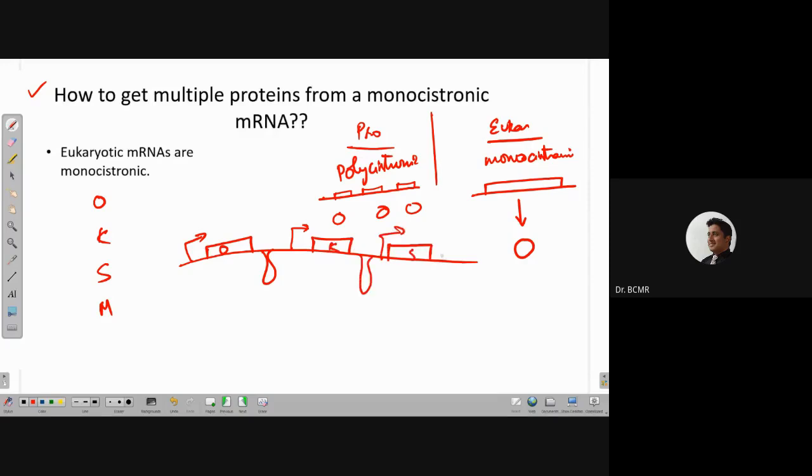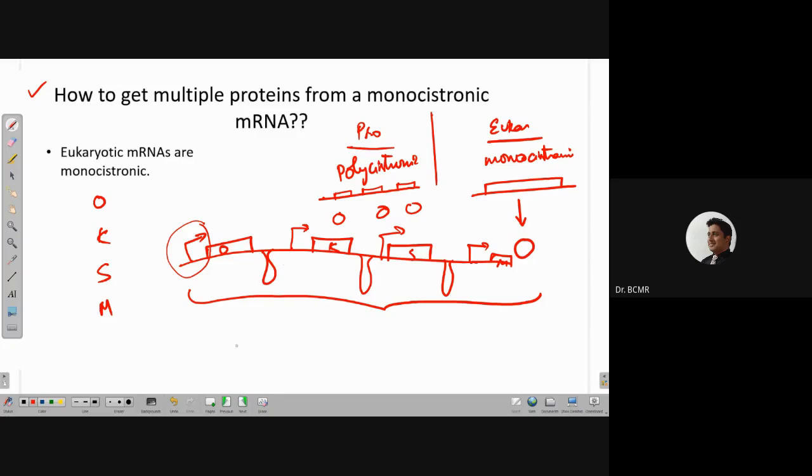S needs a promoter and terminator, and like this, OKSM. The genetic element is too huge, and the promoter elements sometimes occupy a large amount of genetic space. You are working with artificial mechanisms, and we would want to work with smaller ones. And the smaller the size, the less possibility of unintended recombinations. That is one of the problems that will be there.